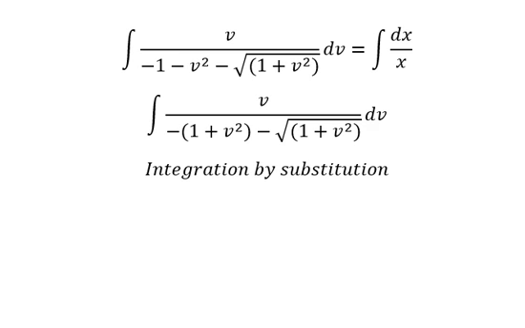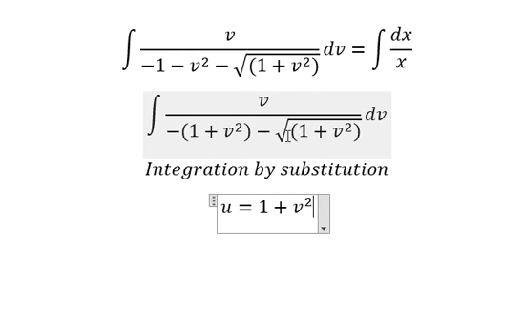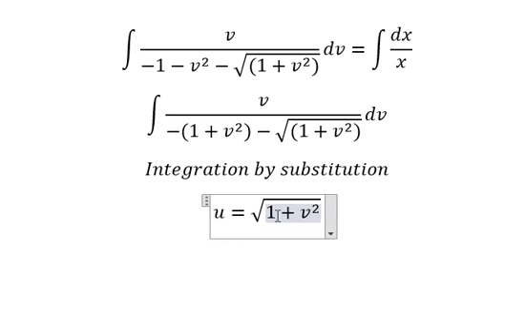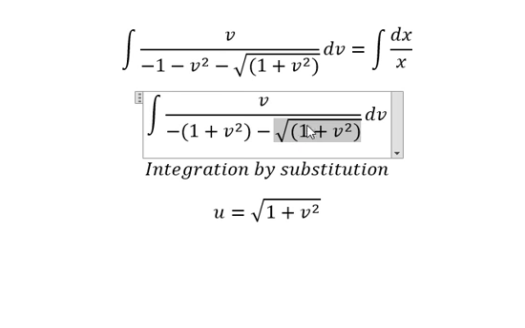So I will put u equal to 1 plus v squared. So this one we have the square root. But I will change this one into a new one, because I don't want to have the square root in here.